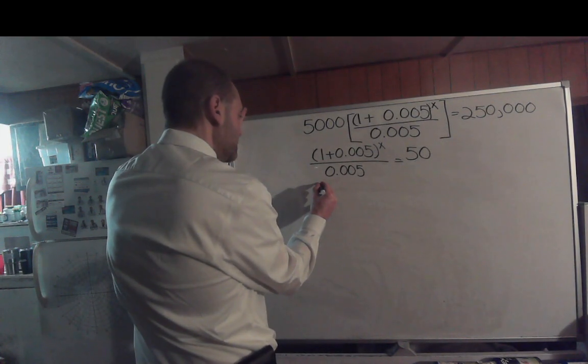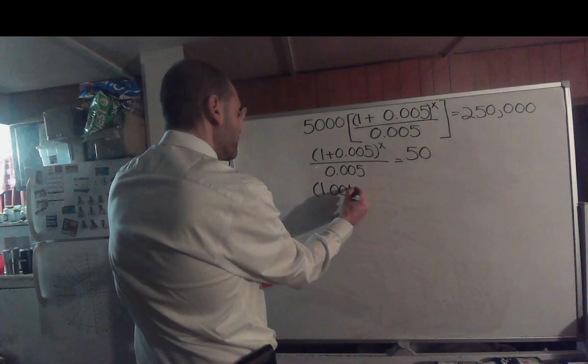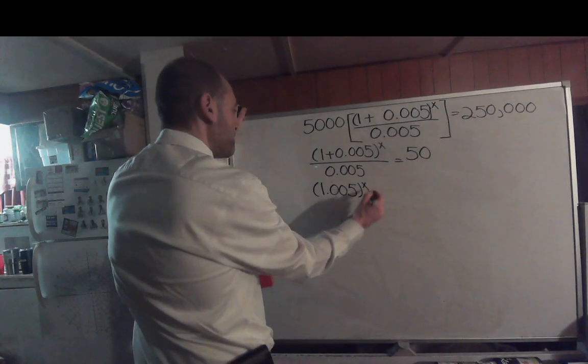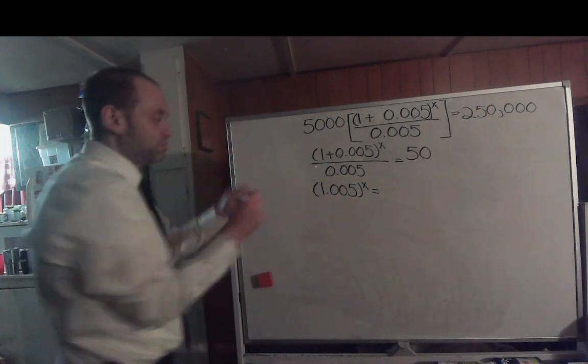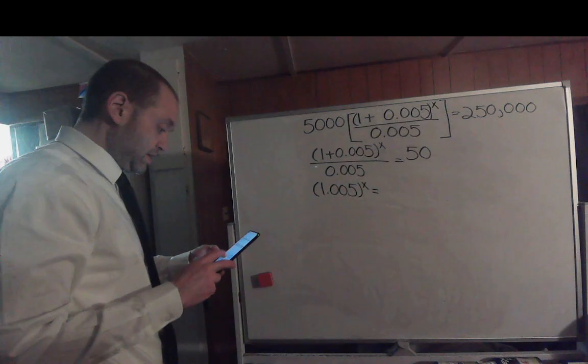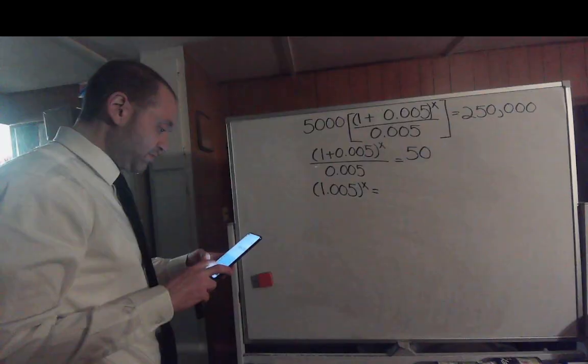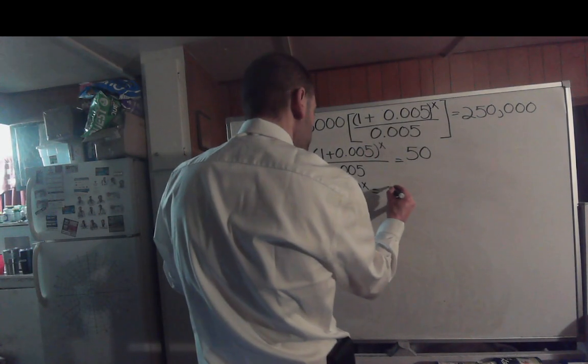This is going to end up becoming 1.005 raised to the x power. And then we're going to multiply both sides by that 0.005. So let's take that 50 times 0.005. You get 0.25.